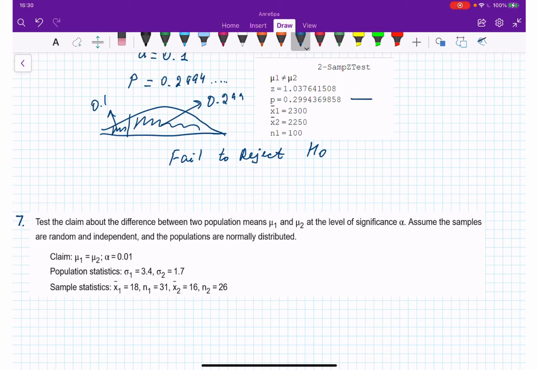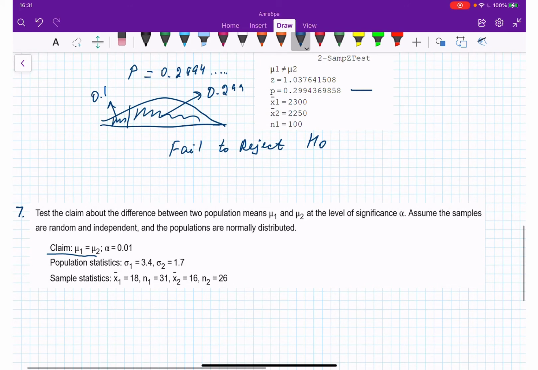So all conditions are there to be able to do a hypothesis test for the means of two samples. All right, our claim is mu1 equals mu2. So the null hypothesis is going to be our claim. Let's write it down.